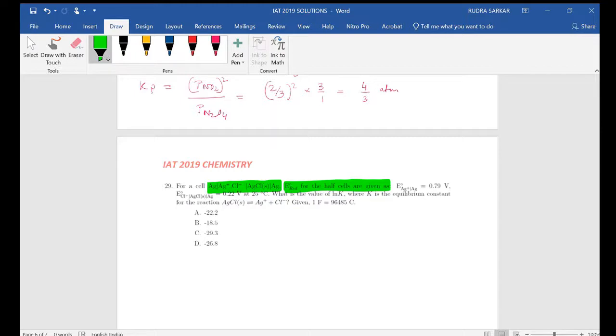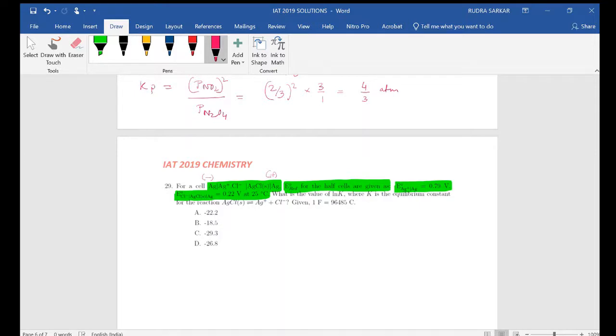So for E cell we will use the E cathode minus E anode. Then this is given to be 0.79, and this is my 0.22. So out here, if you have to find out which is the cathode and anode, so this is your anode and that is your cathode, okay.